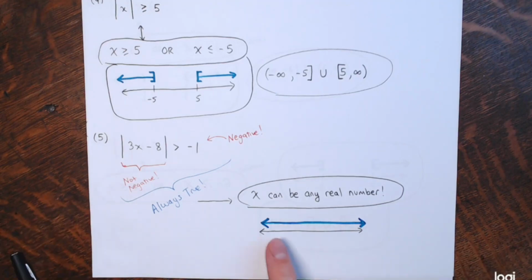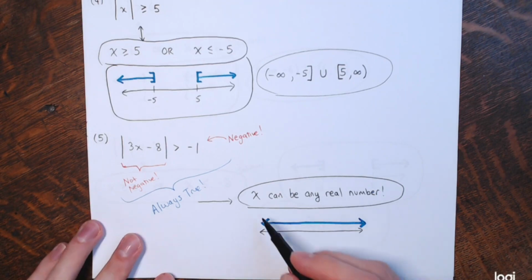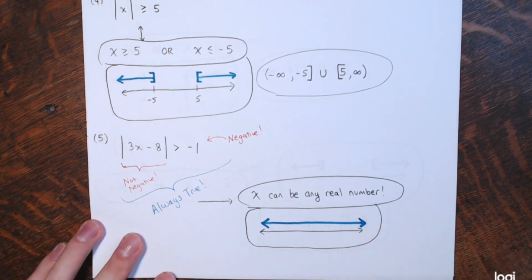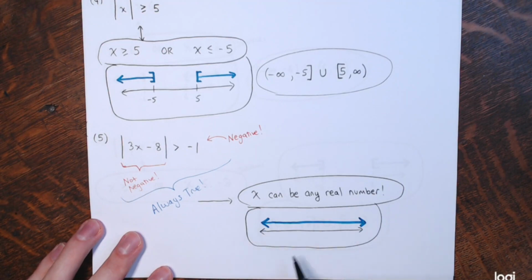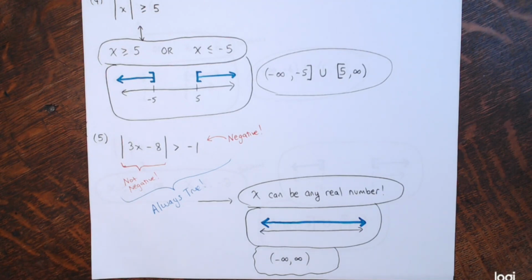So let's draw an arrow, a left to right arrow, the whole number line. There's the graph. And then this is just one big piece, right? There's no breaks in it, no gaps. So one big interval from far left to far right here is -infinity, comma, to +infinity. And always parentheses on the infinities. Right? So there's the interval notation for the entire real number line.